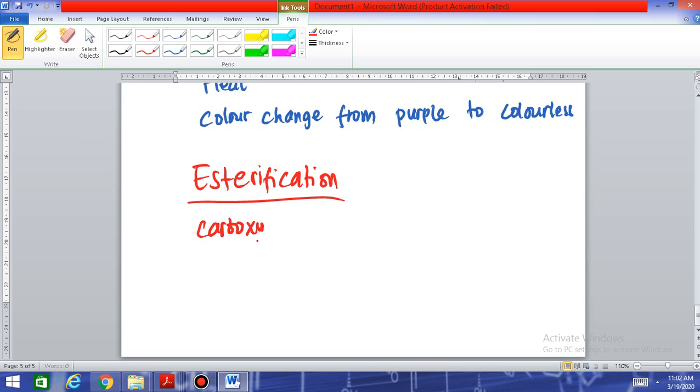Carboxylic acid reacts with alcohol to produce ester and water. The reaction is reversible, so we have to use double arrows. So once again, carboxylic acid reacts with alcohol to produce ester, and the other product formed is water.